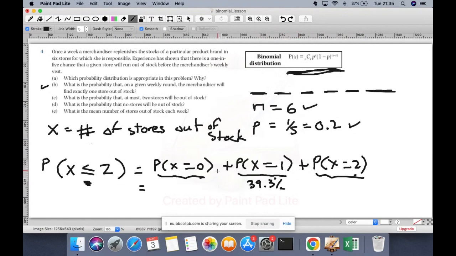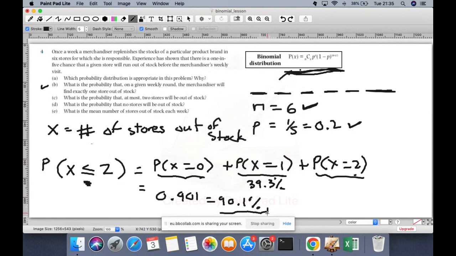You need to put 0 into this formula here, but your n does not change and your p does not change. And you do the same thing for x equals 2. You put 2 in for x here, and your n and your p don't change. And if you do all of that and then add it up, your final answer would be 0.901, or in other words, 90.1%.